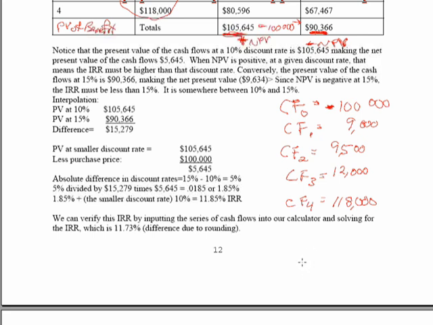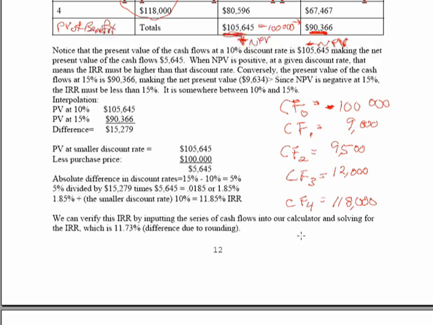So that was just a trick to make you remember that when you enter internal rate of return, you don't need to enter a discount rate. You could, but the calculator is going to ignore it in its calculation, because what the calculator is trying to find is the discount rate that makes the NPV equal to 0.